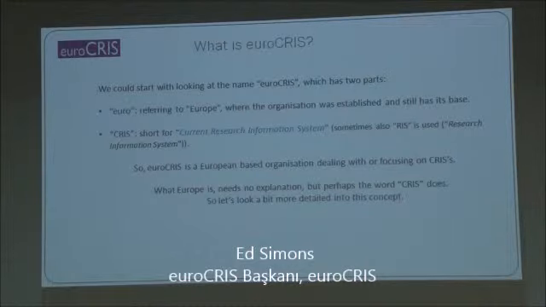Now Europe, of course, what Europe is needs no explanation, but I'm not sure whether all of you in the audience are familiar with the concept of CRIS or with the word CRIS, so perhaps a bit of more explanation of this concept is necessary. So let's look a bit more detailed into this word or to this concept CRIS.